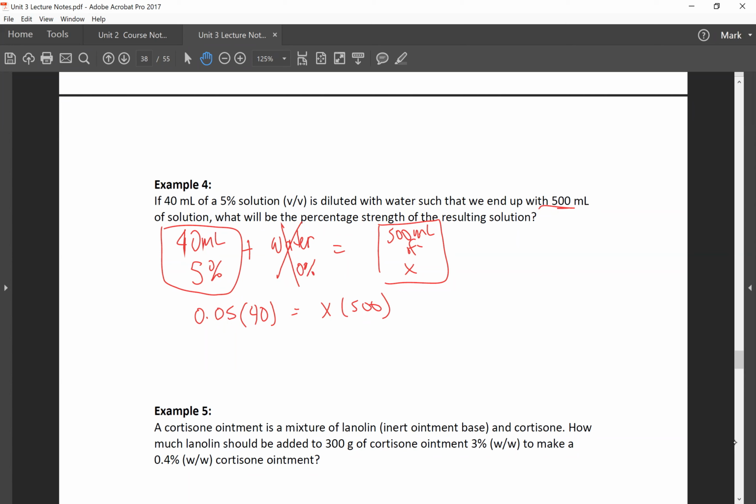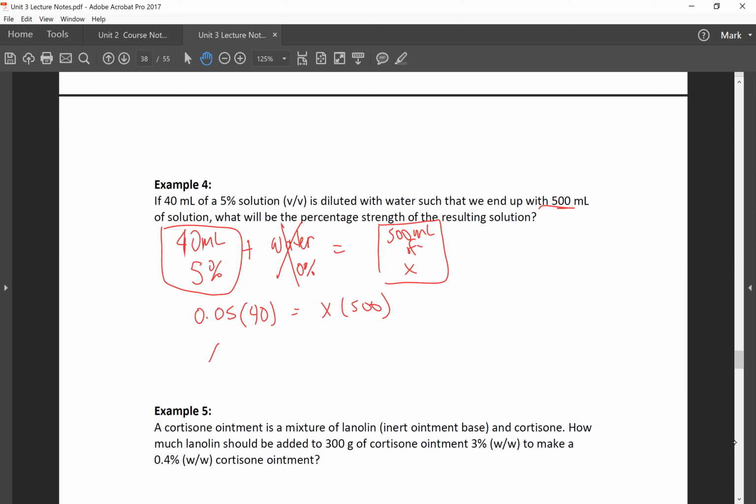So 0.05 times 40 is 2. I'm going to divide that by 500. And my answer is, hold on here. I'm getting a very small number, but that's okay.